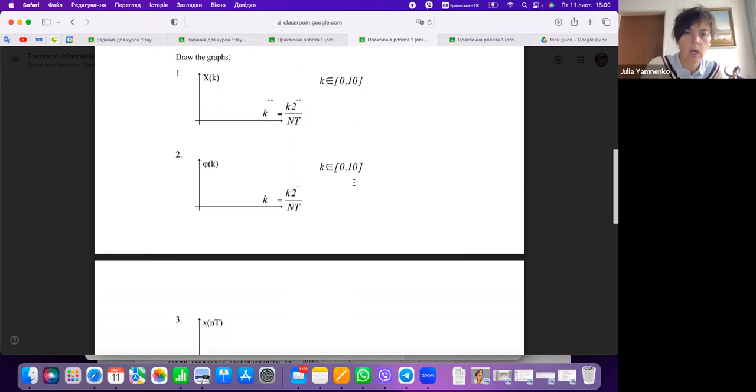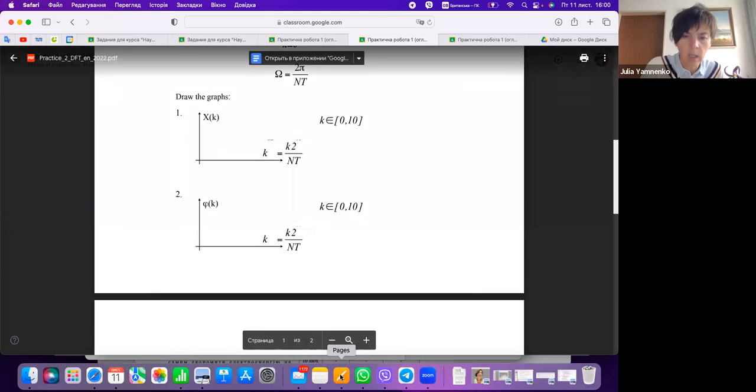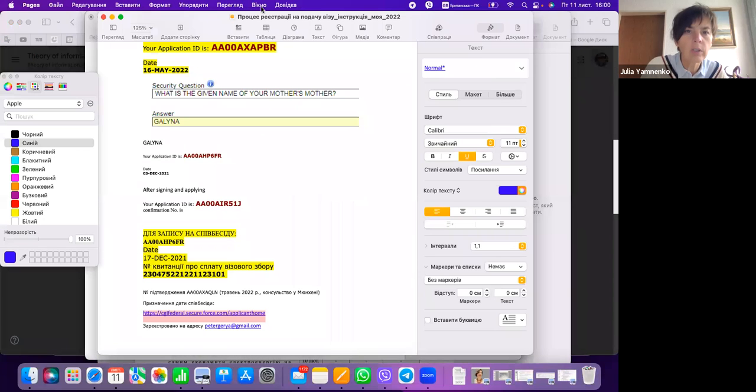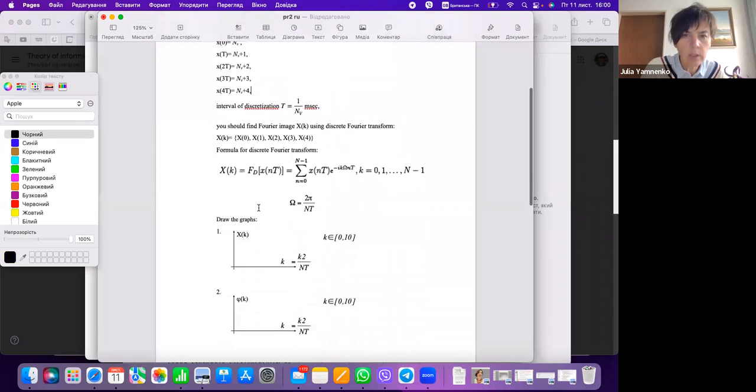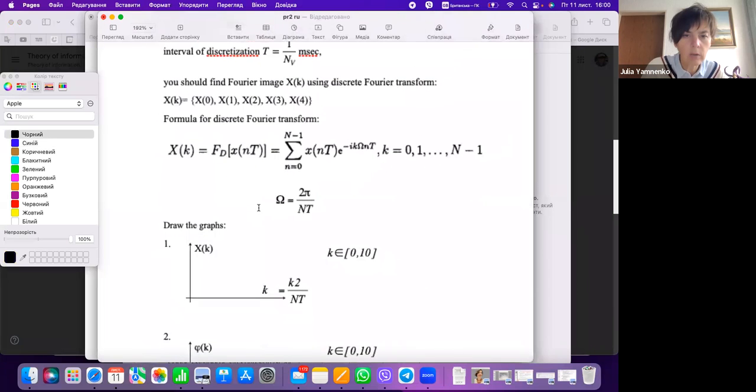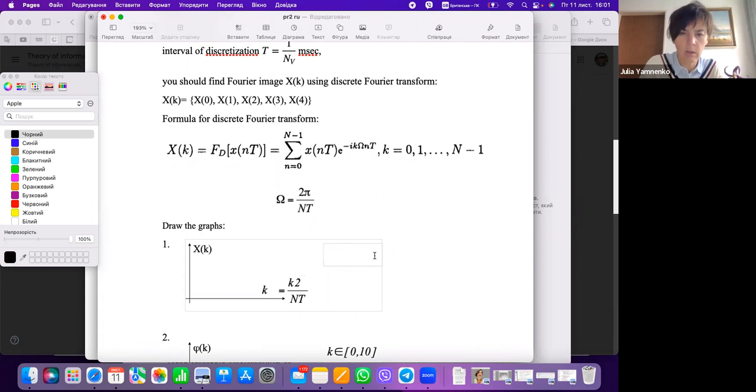Oh, now I should correct this. Okay, I will open it here. I have it here. And I think I will correct this because I don't see the sense to do it for k from 0 till 10.